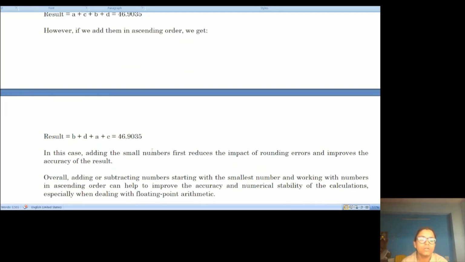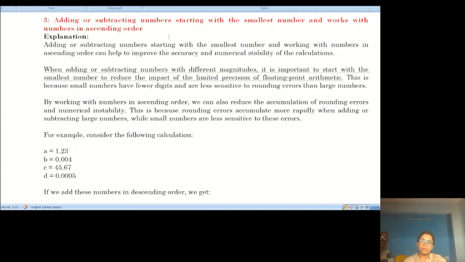If we just add the small numbers first, the impact of rounding would be reduced, and the accuracy of this operation would be improved. And so I think that adding and subtracting numbers, starting with small numbers and working in ascending order, is true.